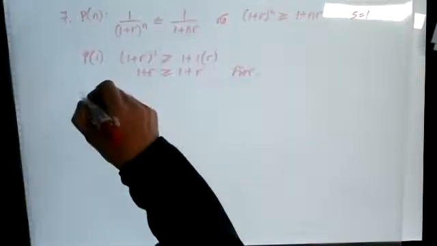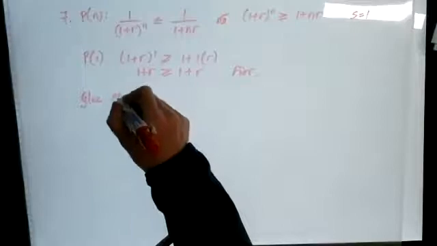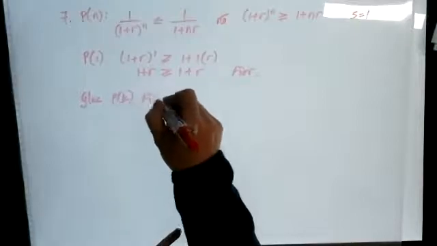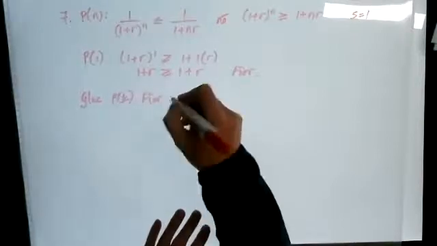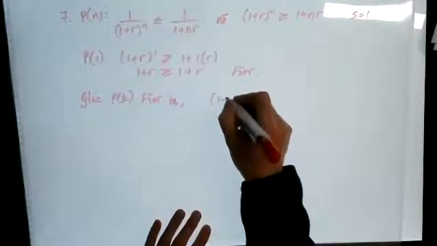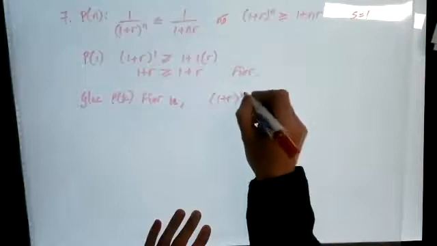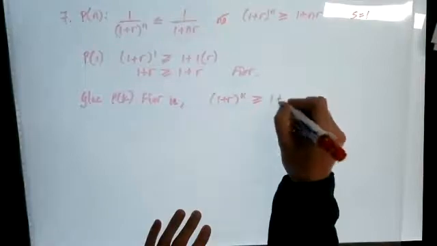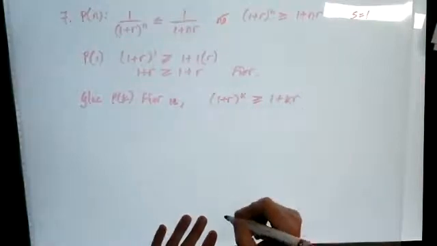Okay. So let P(k) be true, i.e. 1 plus r to the k is greater than or equal to 1 plus kr.